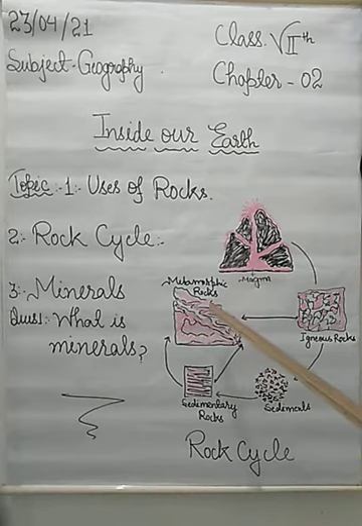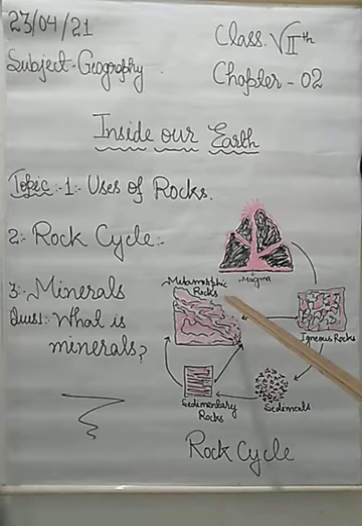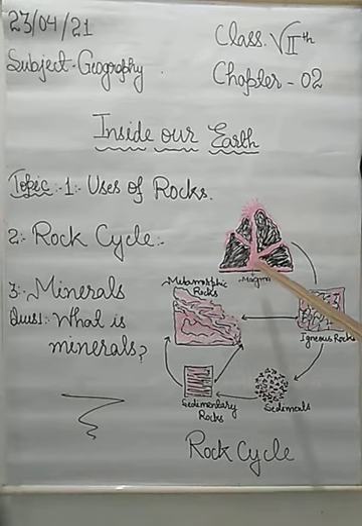And again, these metamorphic rocks melt down on the surface of the earth due to too much heat, or due to the deposition of magma on them. And again, they change, solidify and form igneous rocks.